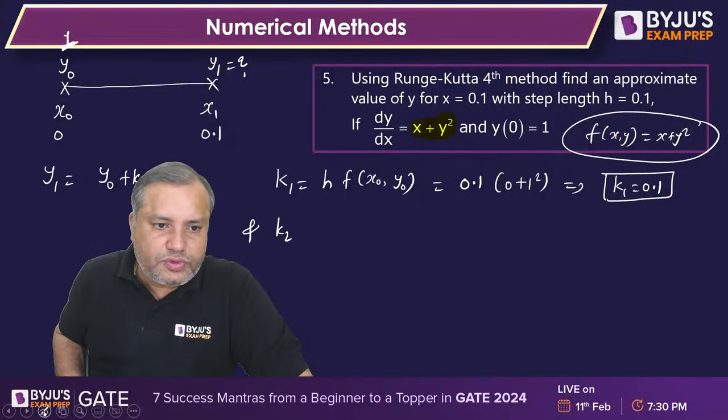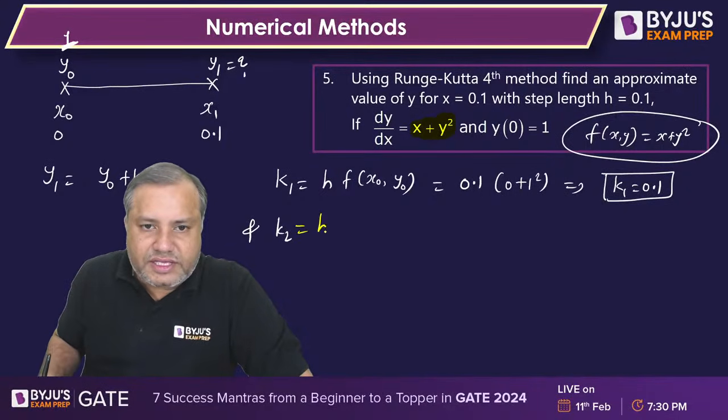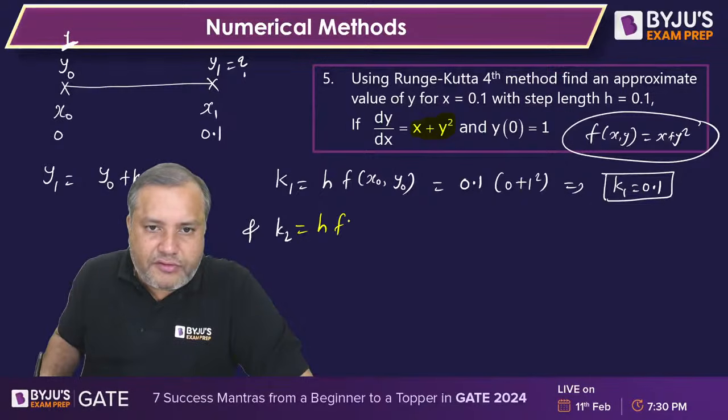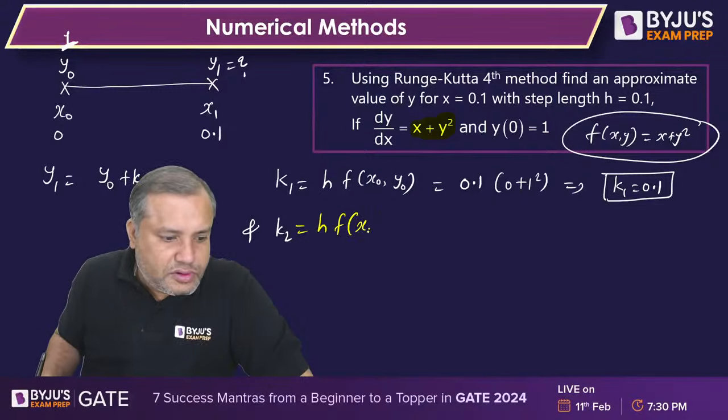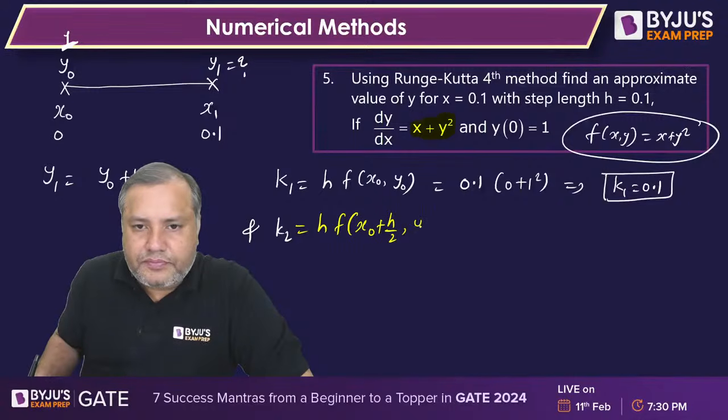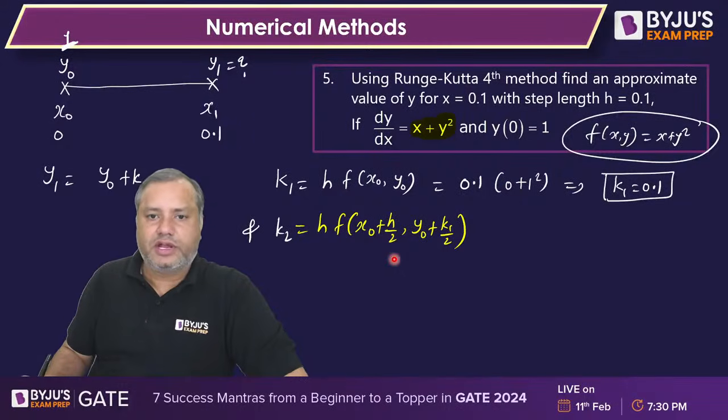What is the formula for k2? K2 will be h f of x naught plus h by 2 comma y naught plus k1 by 2. This is the formula to calculate k2.